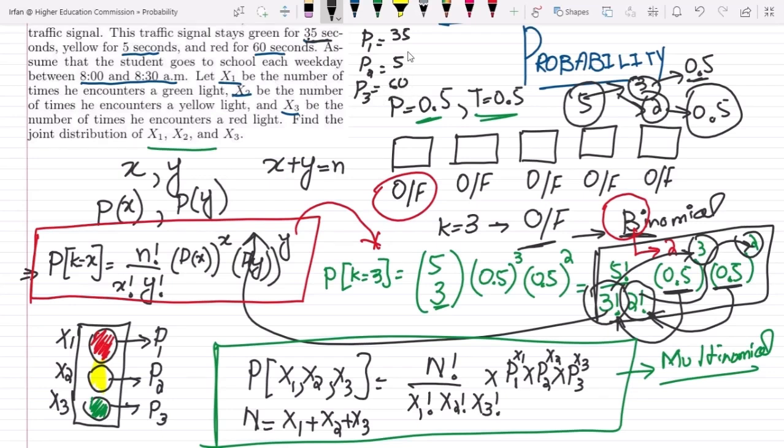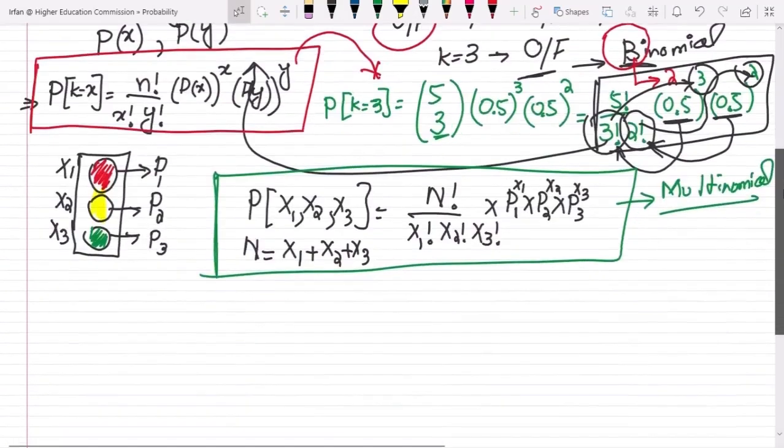But these are seconds. In order to find the probabilities, we have to add all the numbers together: 35 plus 5 plus 60. Similarly for each one, 35 plus 5 plus 60 as the denominator. From this I will get the probabilities.